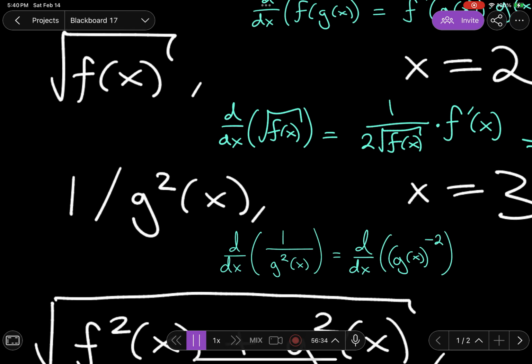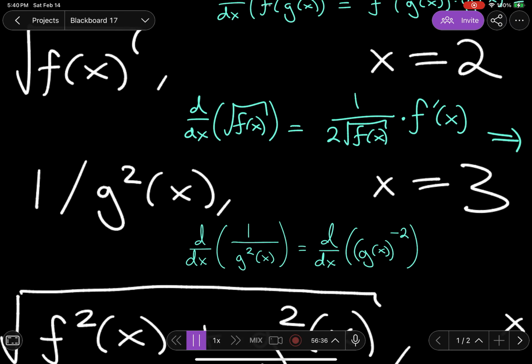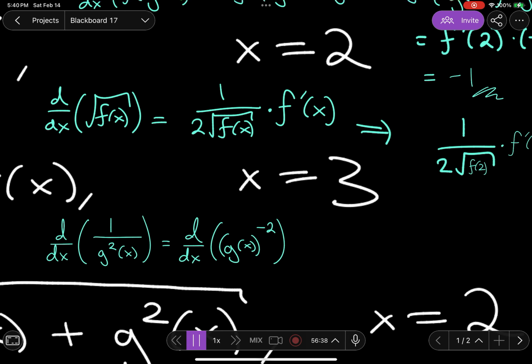Again, exponent rules is what I used. But we have the chain rule and the power rule for the integers. So this is going to be the same thing as -2, power rule, times g of x to the power of 1 less than -2, -3.